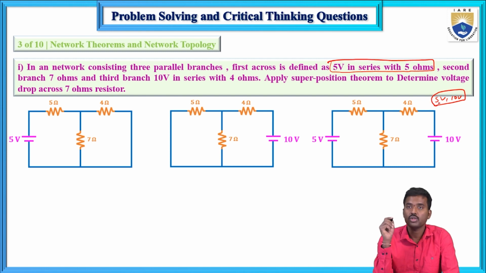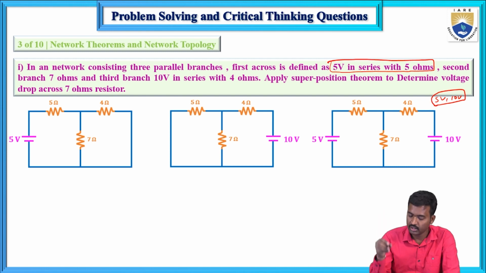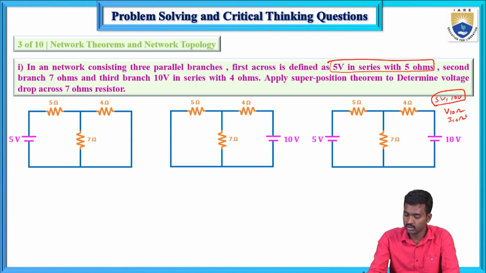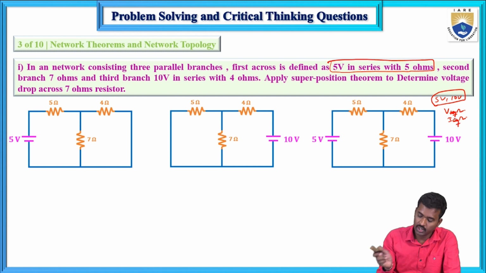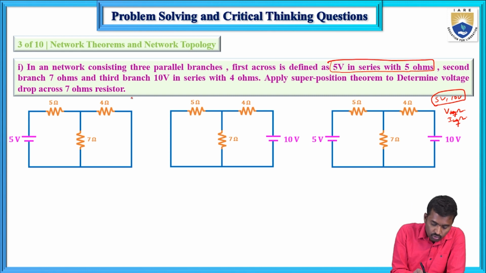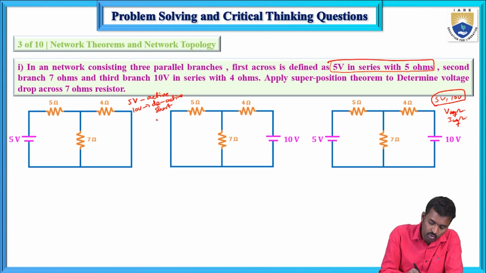First, 5 volts is active and 10 volts is deactivated, and we calculate the voltage across the 7 ohm resistor. That means short circuit. A voltage source being deactivated means it is 0 volts, and 0 volts means a short circuit.